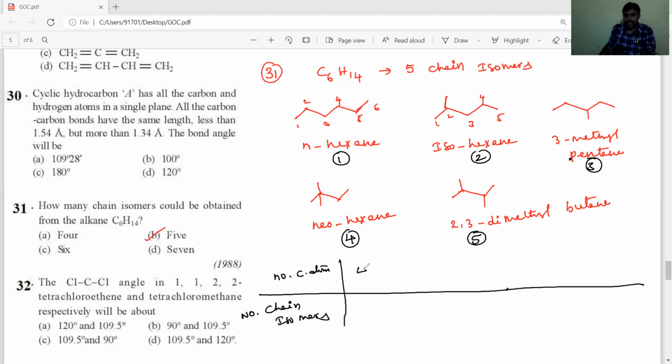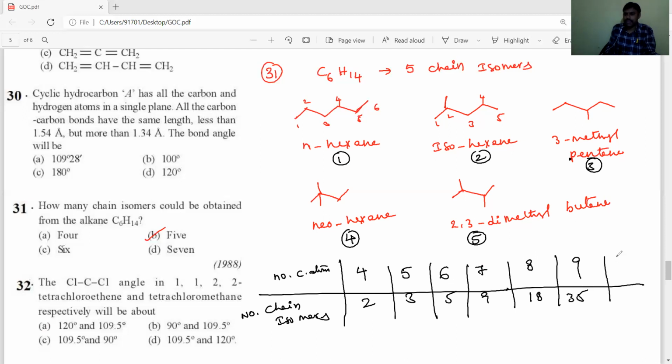Minimum 4 carbon atoms are present means 2 chain isomers are present. 5 carbons have 3, 6 carbons have 5, 7 carbons have 9, 8 carbons have 18, 9 carbons have 35 chain isomers, and 10 carbons have 75 chain isomers. Okay, so this is information related to alkanes exhibiting number of chain isomers. Okay, let's go for the 33 question, dear students.